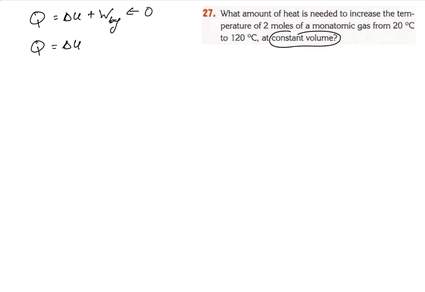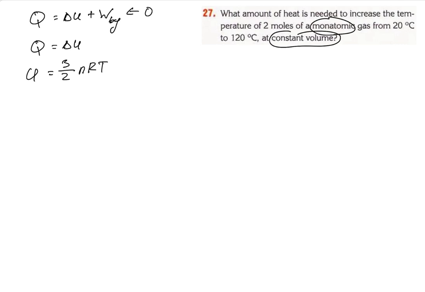And how do we find heat? So to find heat we need to know the change in internal energy, and for it we can use, it says the gas is monoatomic, and we know that the internal energy of a monoatomic gas is equal to 3/2 nRT.